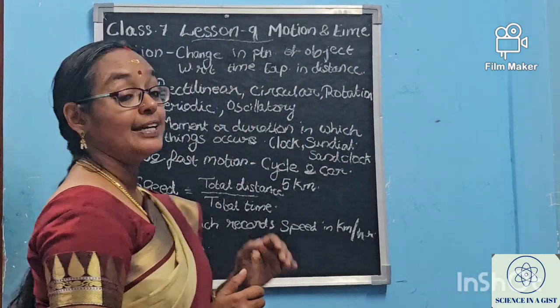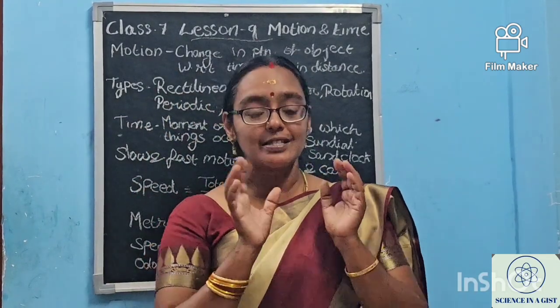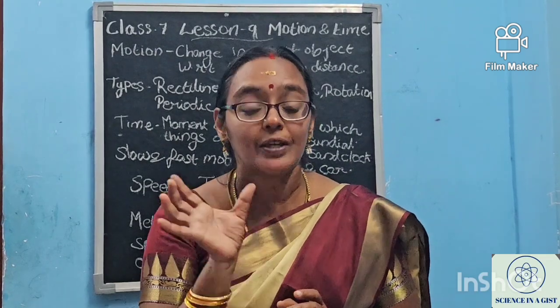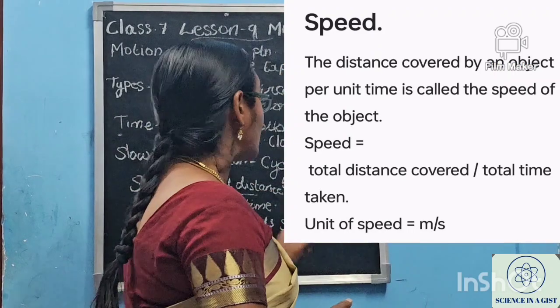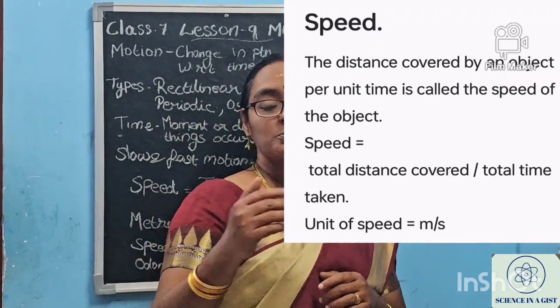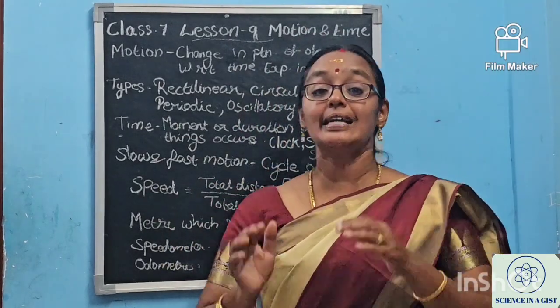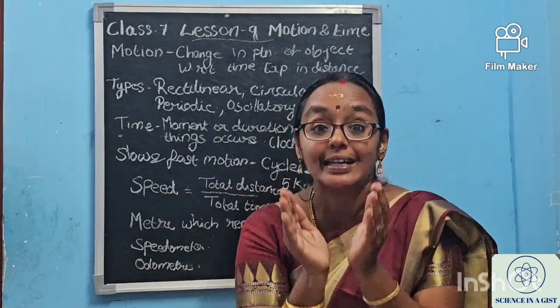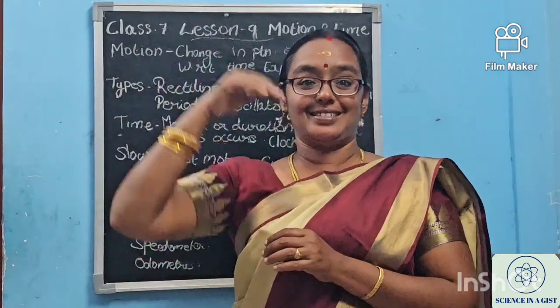Speed is total distance divided by total time. The distance covered divided by time gives you speed. Why does the car have much more speed? Because the time taken is very less. You have learned, you are very expert in maths, right? So you know that when the denominator value is decreased, the answer will be much more increased. Yes or no?